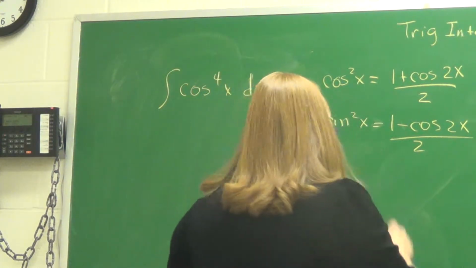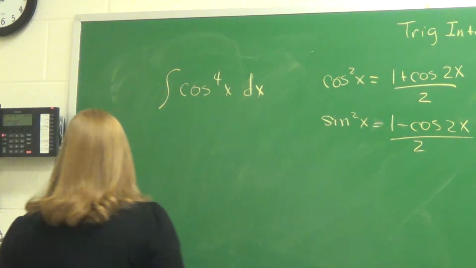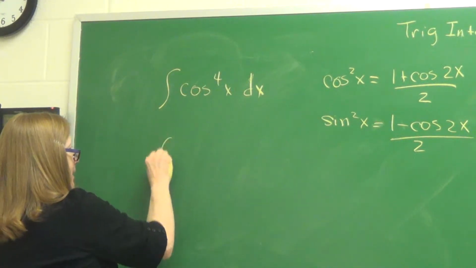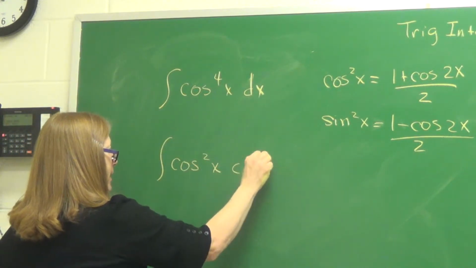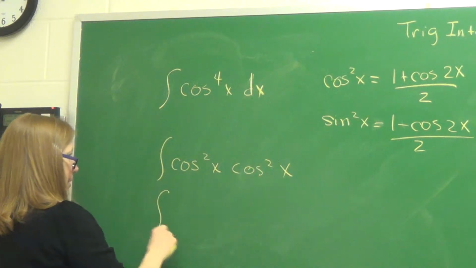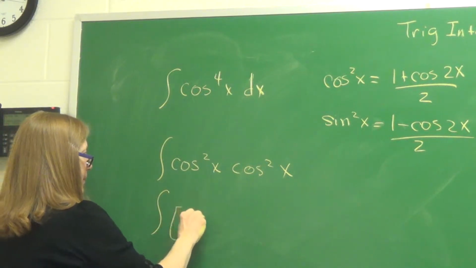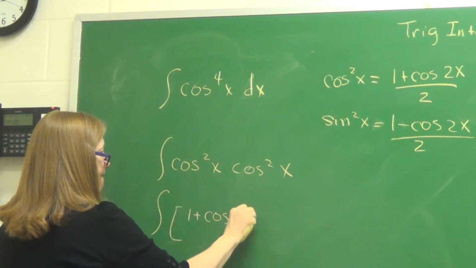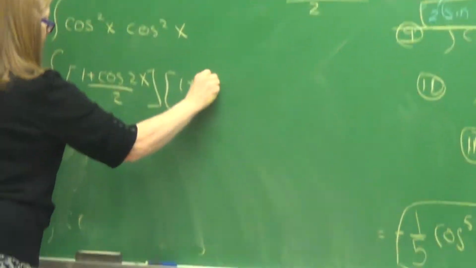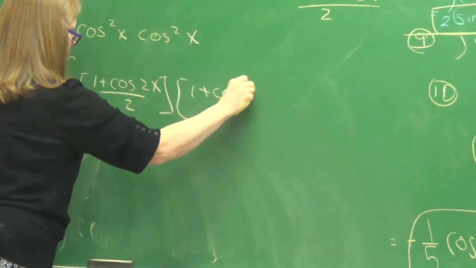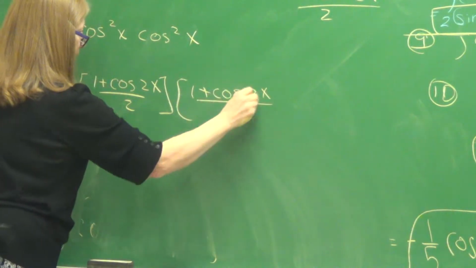All right. So I'm going to split this one into cosine squared. And I'm going to use the trig ID. Notice I used the trig ID twice in this example.